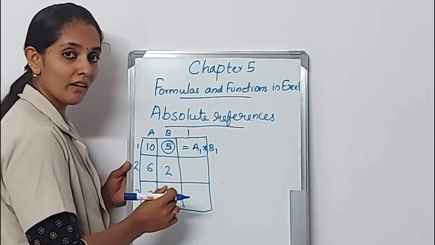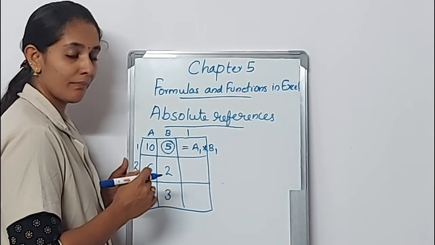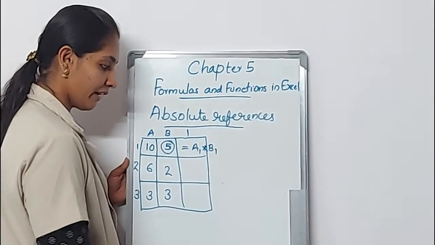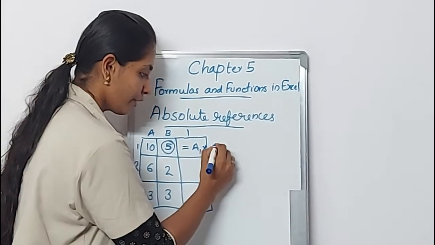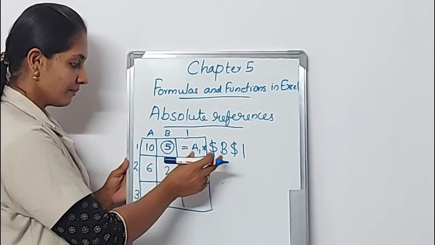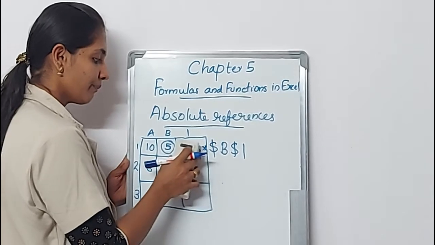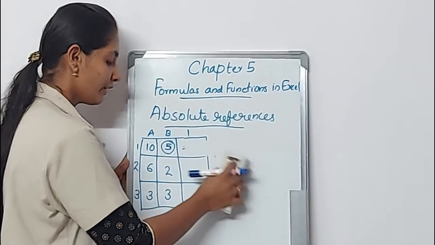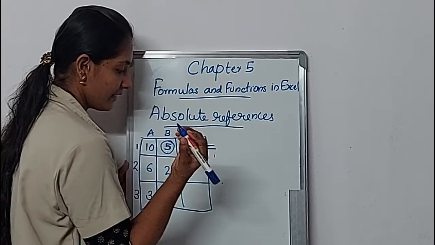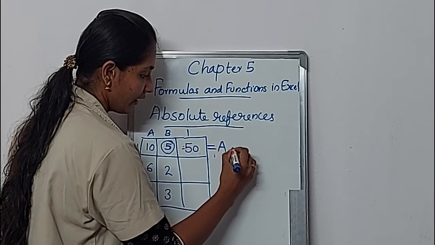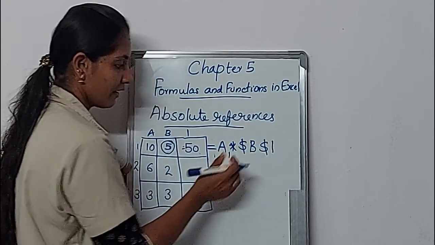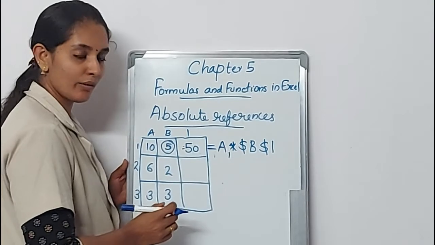This is how we use relative references. But in absolute reference, you have to give, instead of B1, $B$1. Then after pressing enter, you can see the result, 10 into 5. But here the formula is A1 into $B$1. This is how we give an absolute reference.